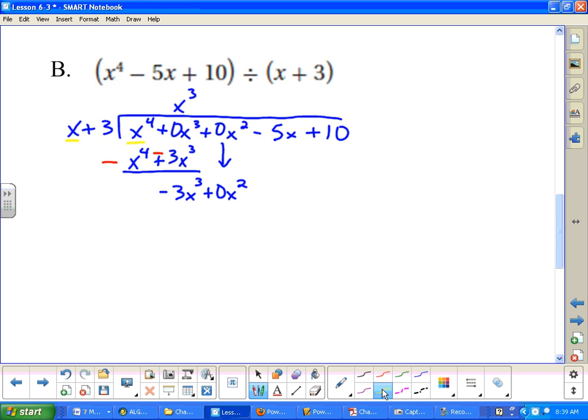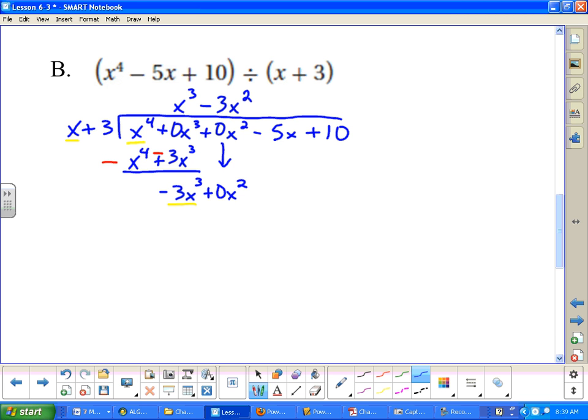So then my focus is here. What is negative 3x cubed divided by x? How many times does x go into negative 3x cubed? Negative 3x squared. Multiply.